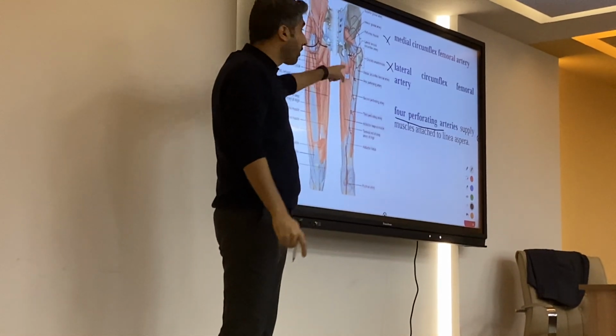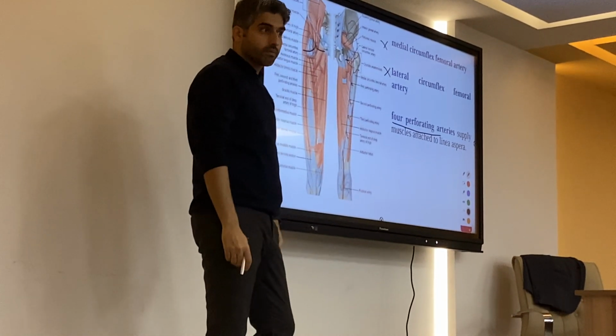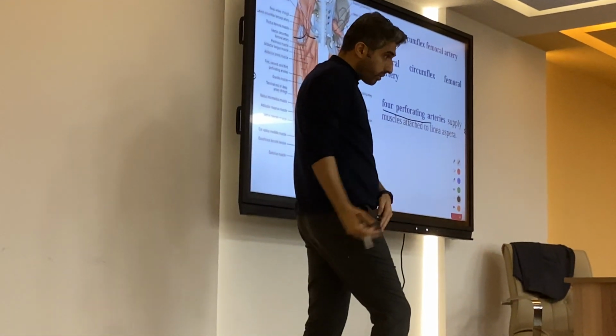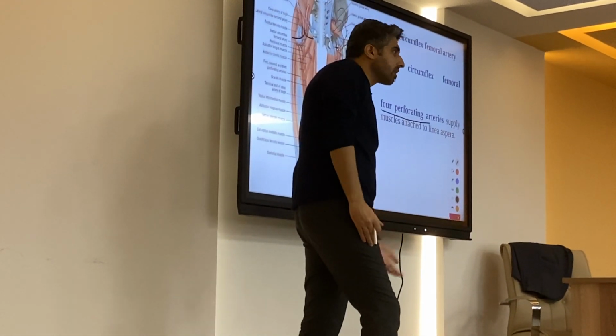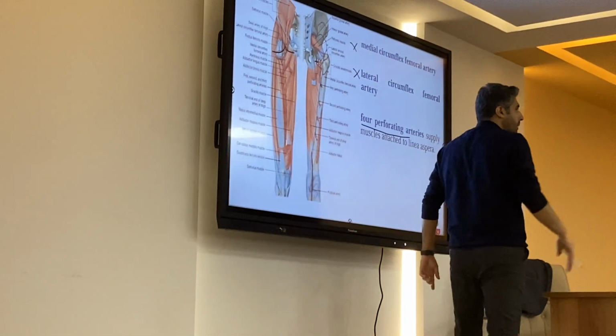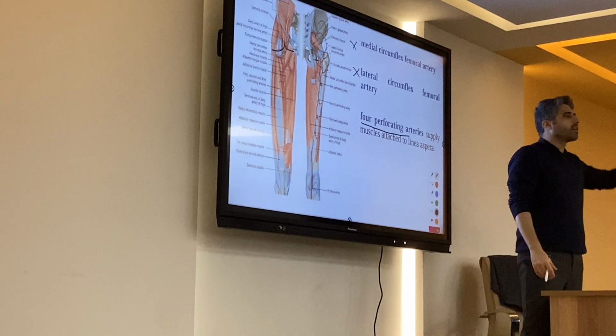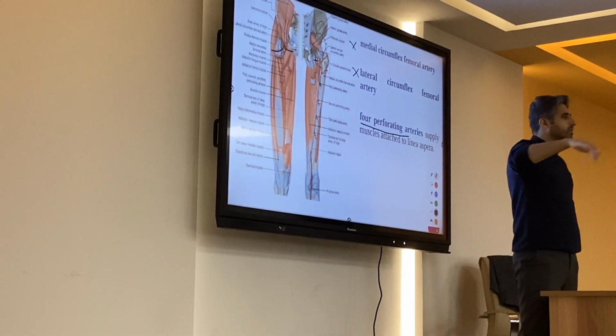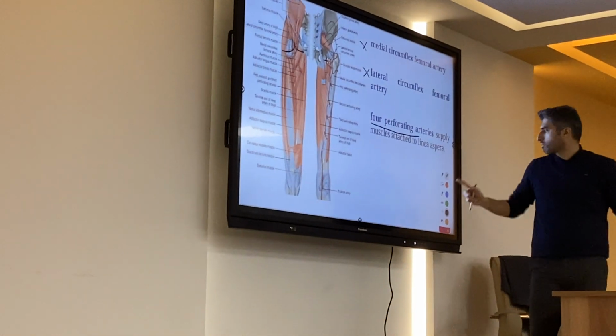They start from profunda femoris. So what are the branches from profunda femoris? It has perforating branches and circumflex femoral, lateral and medial.